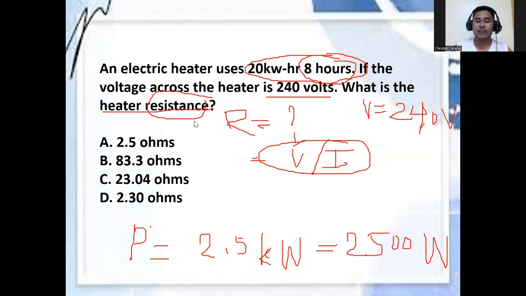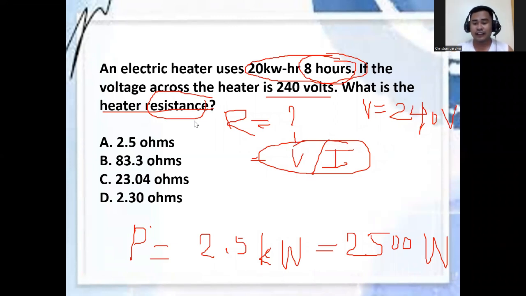Okay. Are we going to stop there? Hindi pa. Bakit, sir? We have to remember that power is equal to voltage times current.